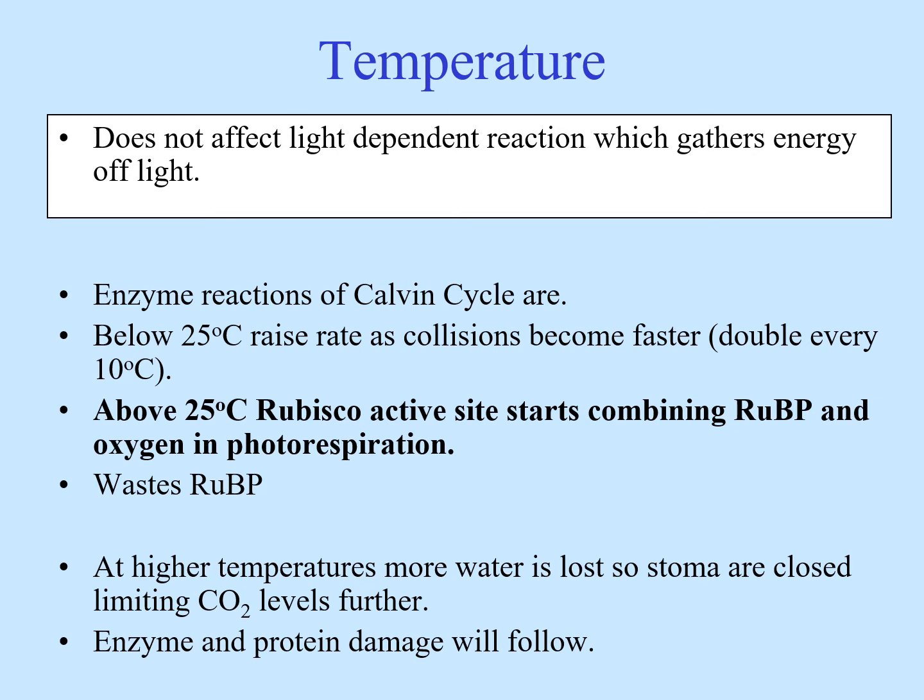However, this is where we got to this earlier point. Above 25 degrees C, Rubisco actually changes how it works. It doesn't get denatured, but above 25 degrees C, its active site will start combining with ribulose bisphosphate and oxygen rather than carbon dioxide, and that creates a process called photorespiration.